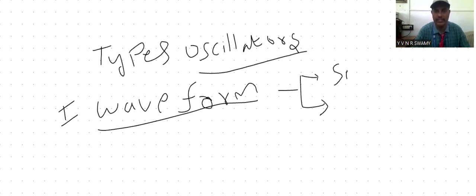What is sinusoidal oscillator? Sinusoidal oscillators are oscillators which generate only sinusoidal signals. Example, RC oscillator, Wien bridge oscillator, Hartley oscillator, Colpitts oscillator. All these will generate the sinusoidal signals only.